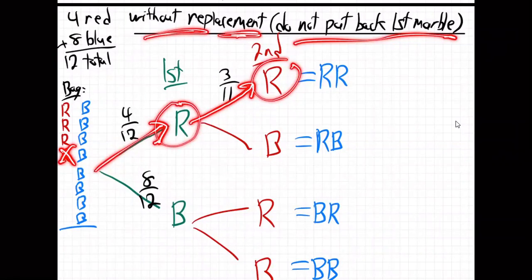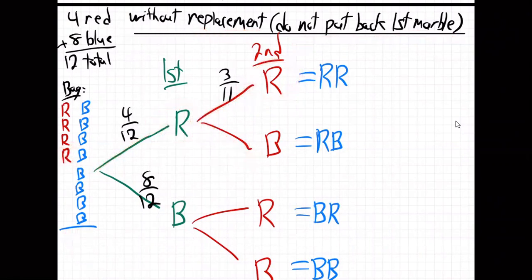So that only leaves 11 total marbles. 3 of them in the bag are red. So the second time you reach in that bag, there's only 3 red marbles left out of 11. And what's the chance you're going to get blue? Well, there's 8 blue marbles still left out of 11. Right? 8 out of 11.